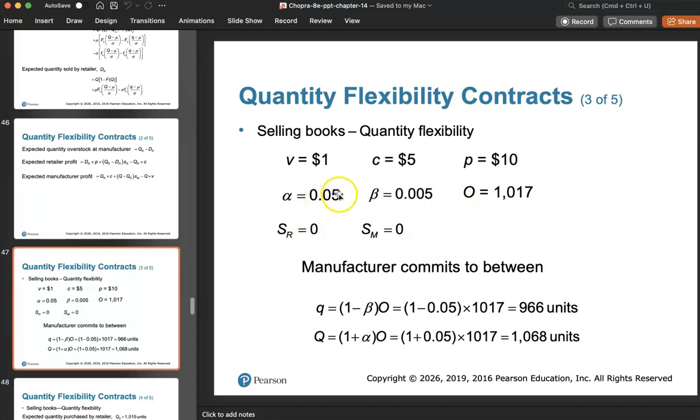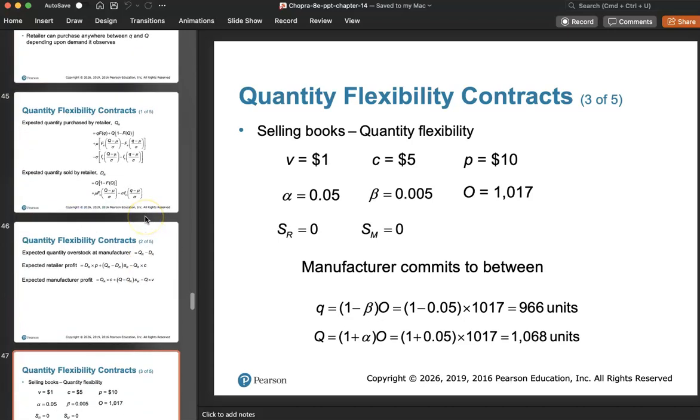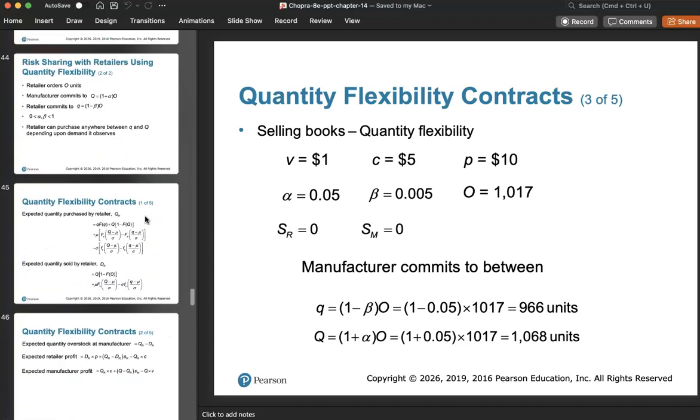Now, if alpha is 5% and beta is 0.5%, how was the optimal order quantity calculated? Well, we know how to calculate the optimal order quantity given the sales price and the cost. Given these two numbers, we can calculate it. It will turn out to be 1,017 items.